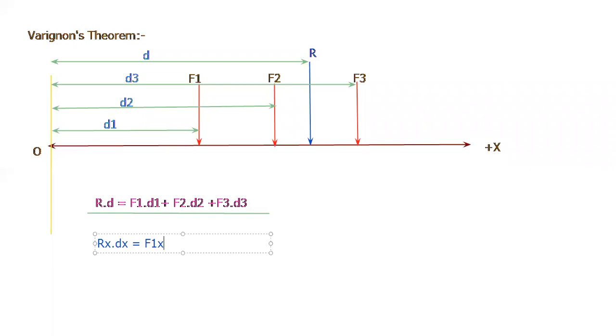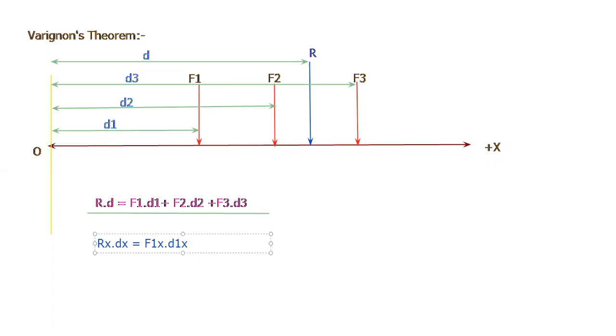F1 into x means F1x, the x component of F1. This is not the sign of multiplication. It is F1x multiplied by D1x.